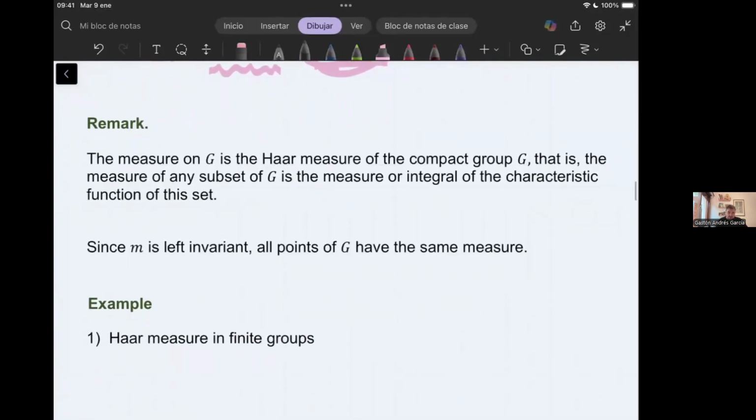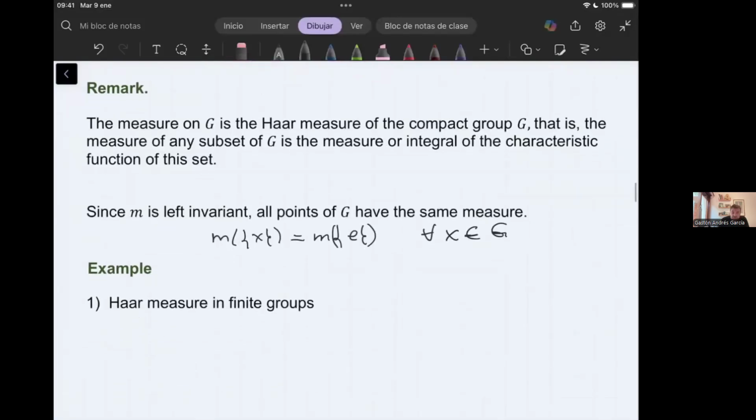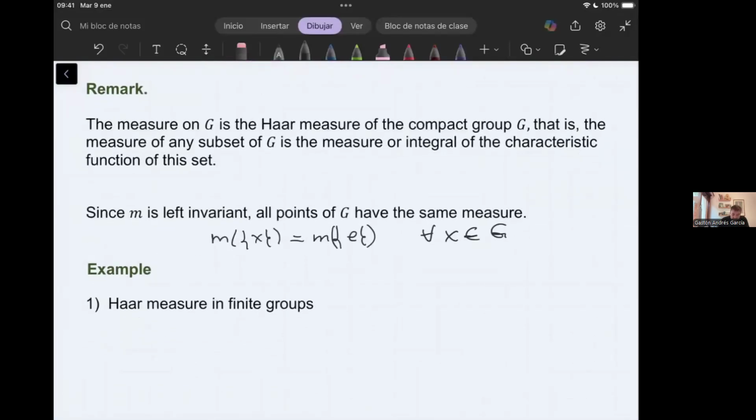So the first consequence that we have is that the measure is left invariant. So we know that the measure of any point is the same as the measure of the identity, okay? Because it's left invariant, every point has the same measure.